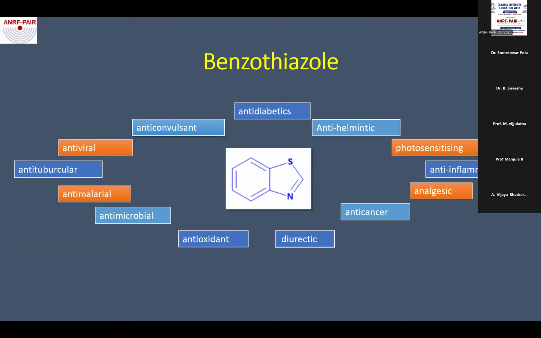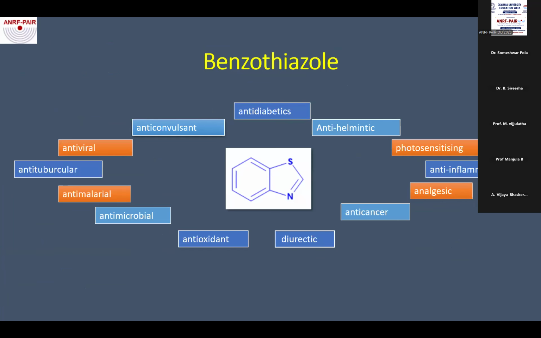Here, the heterocyclic compounds, as you all know, are very widely distributed in nature and are particularly important because of their wide variety of physiological activity. Several important compounds containing heterocyclic rings in nature are vitamin B complex, alkaloids, antibiotics, chlorophyll, and even nucleic acids like DNA.